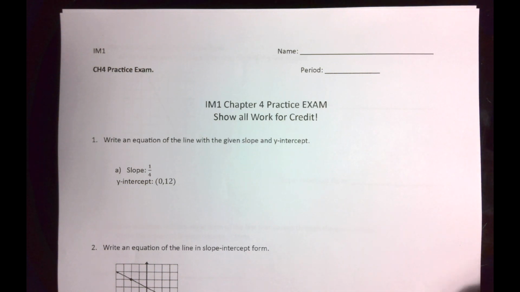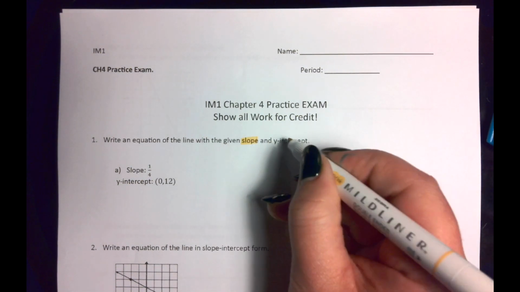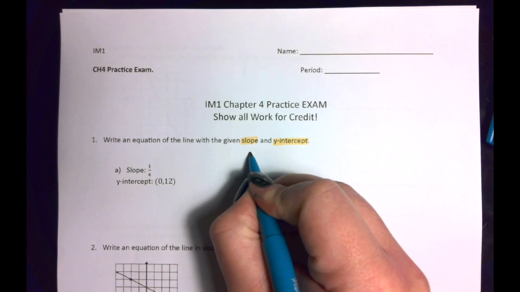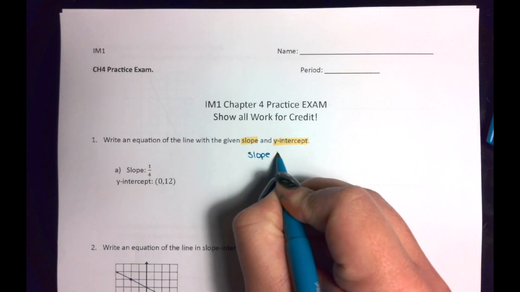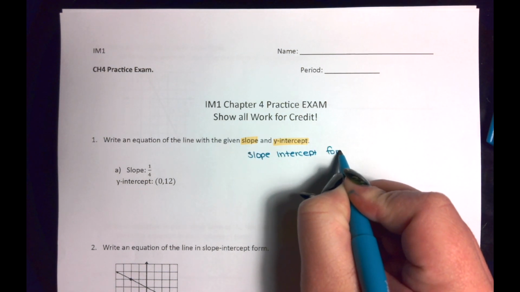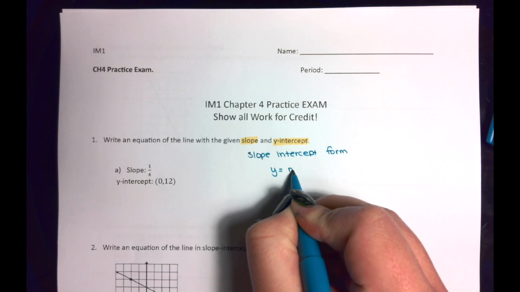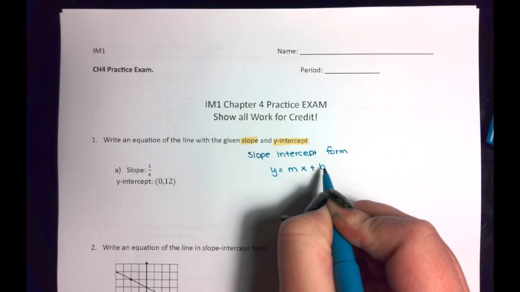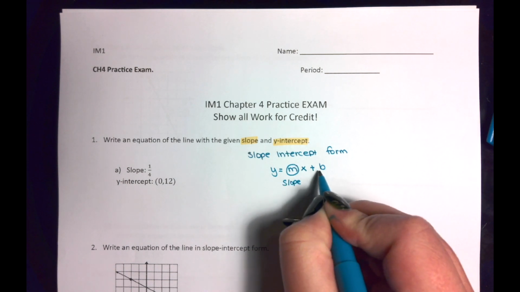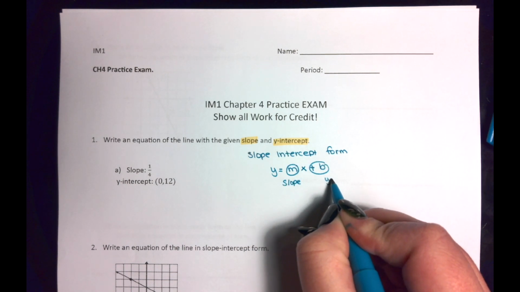In question number 1, they are giving us two pieces of information. They are giving us a slope and a y-intercept. That means we are writing this equation in slope-intercept form. Slope-intercept is y equals mx plus b. M is your slope, b is your y-intercept.